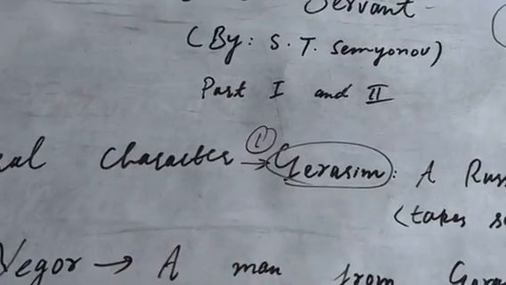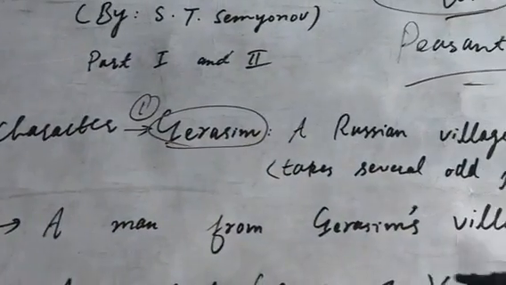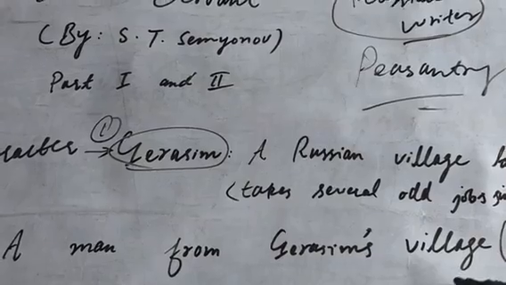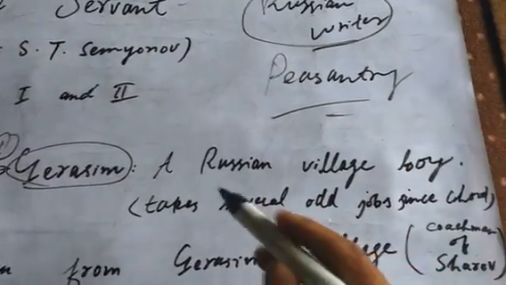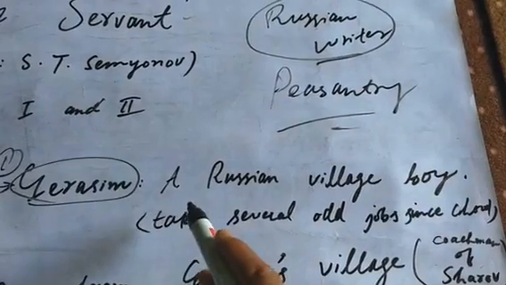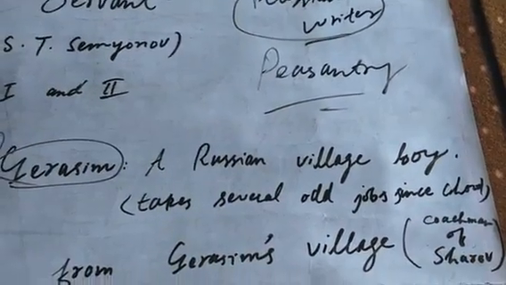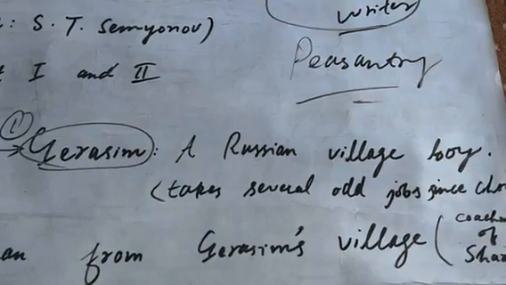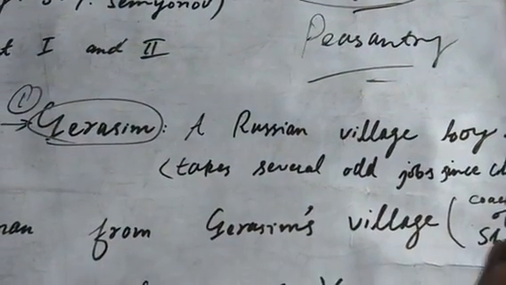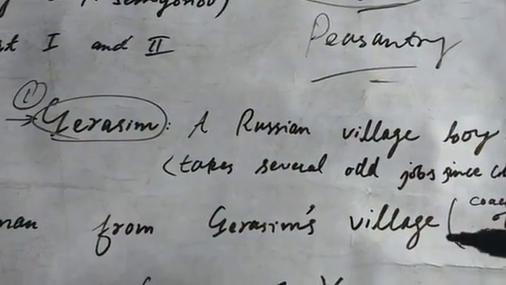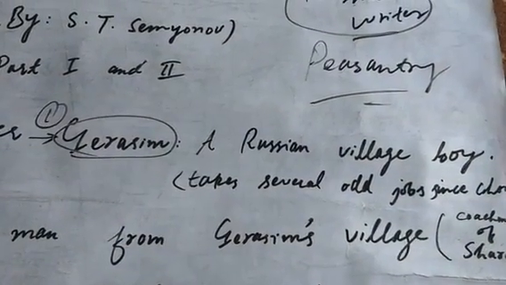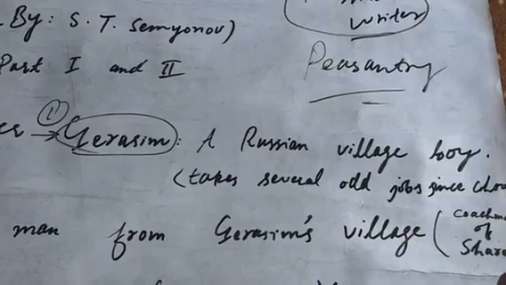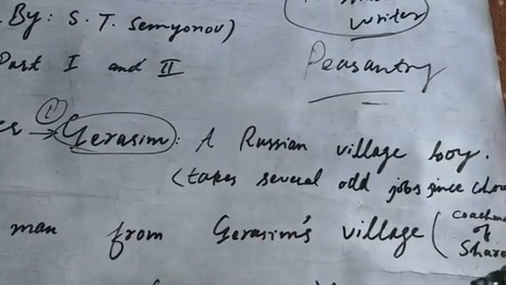Gerasim is a peasant boy and he lives in Russia. Who is Gerasim? A Russian village boy, and he is a peasant. Now, through the character of Gerasim, the writer Semyonov wants to highlight the problems faced by peasants in Russia.